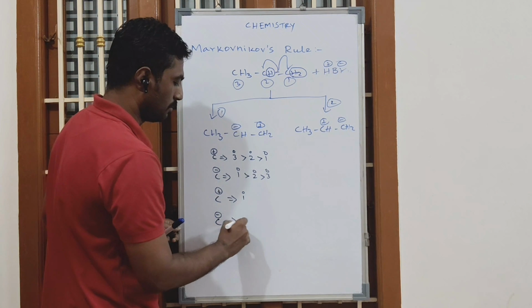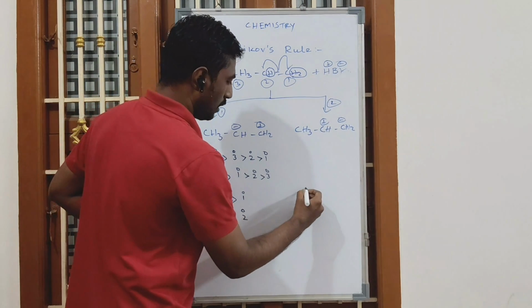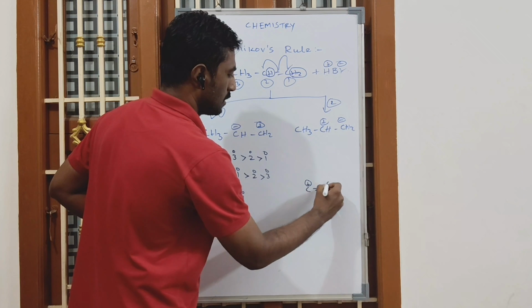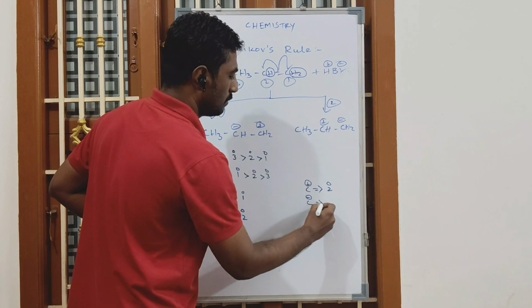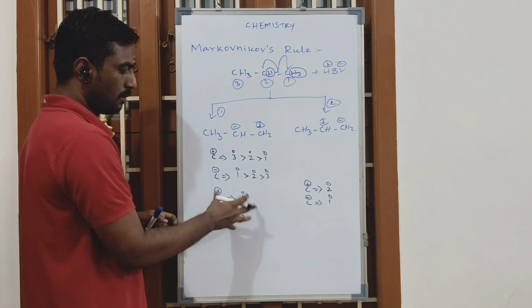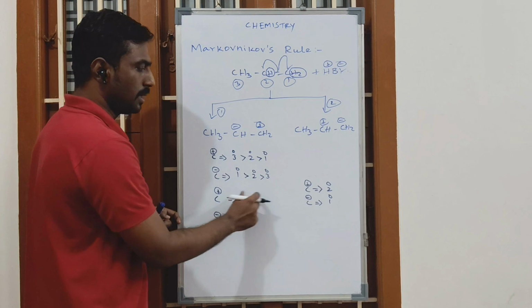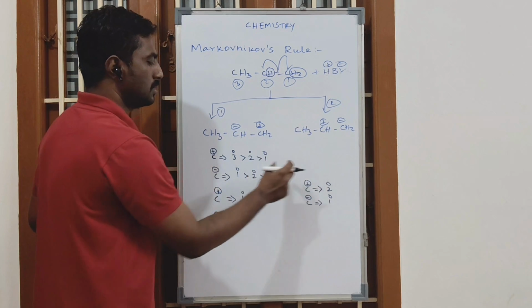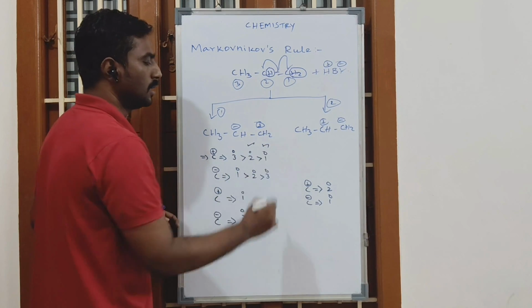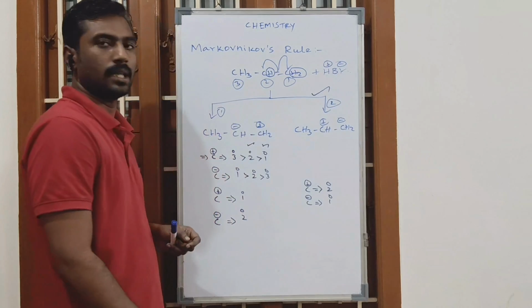Secondary carbocation is more stable than primary, so the preferred path will be the second one.